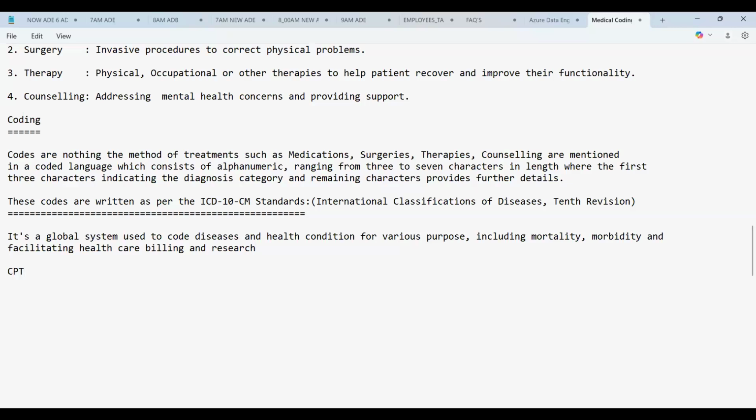What is CPT, guys? Current Procedural Terminology.